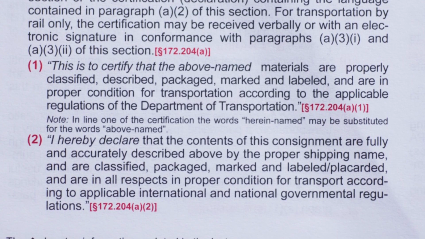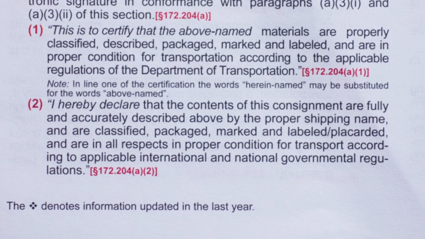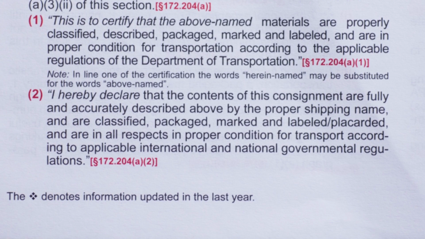The alternative shipper certification would be as follows. I hereby declare that the contents of this consignment are fully and accurately described above by the proper shipping name and are classified, packaged, marked, and labeled, placarded, and are in all respects in proper condition for transport according to the applicable international and national governmental regulations.